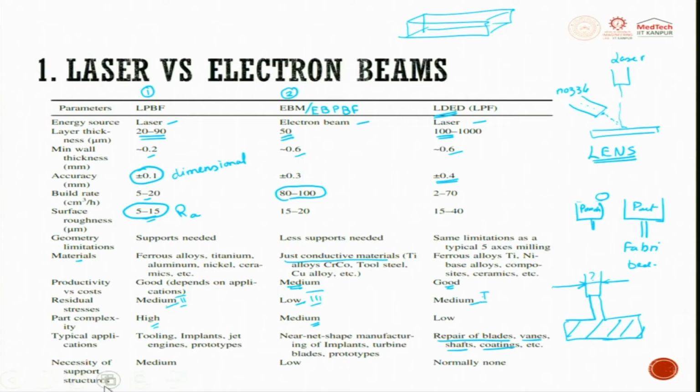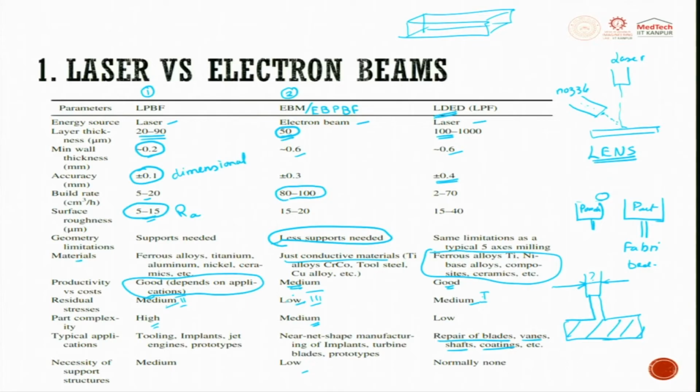The necessity of the support, this is a repeat of this: it is medium, it is low, and it is normally none. That is the necessity for support structure. If you look into all those things, let me circle the best parameters. This is best, this is best. Less support needed, this is good, and this is good as far as the costing is concerned.